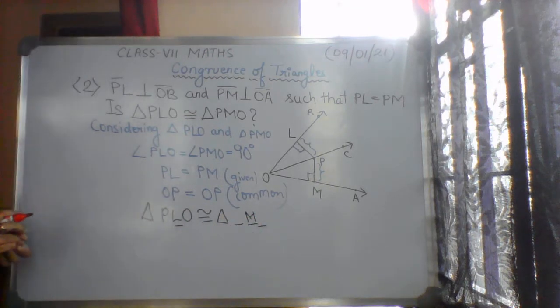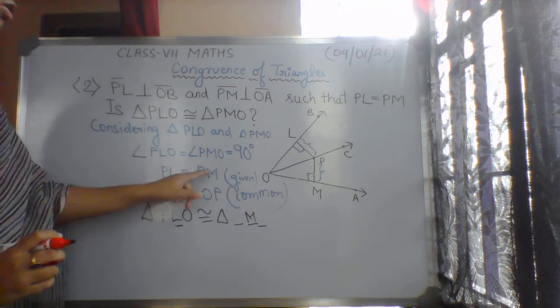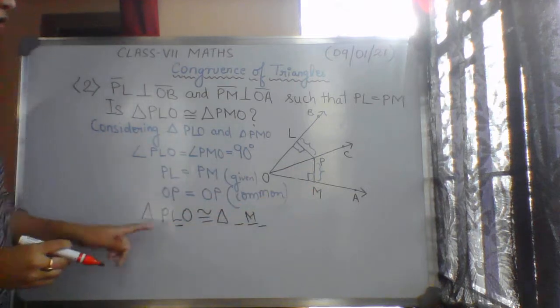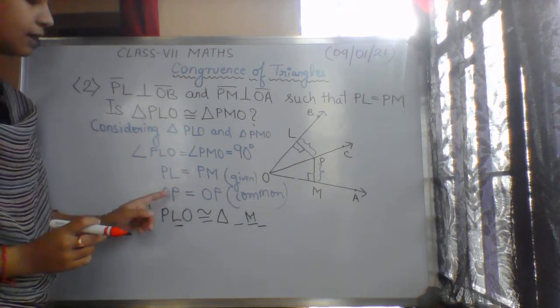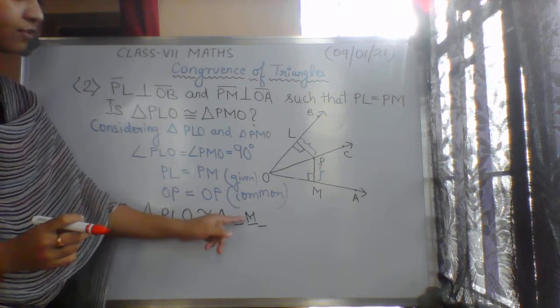Now it is given that PL equals PM. PL and PM contain L and M, so that position is already fixed.